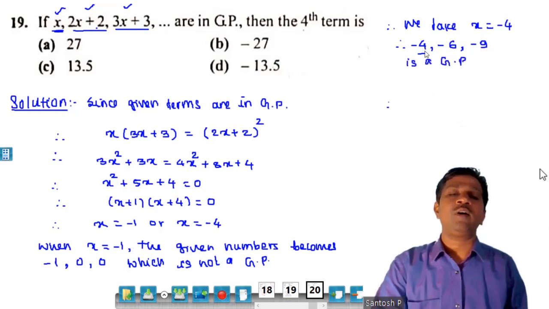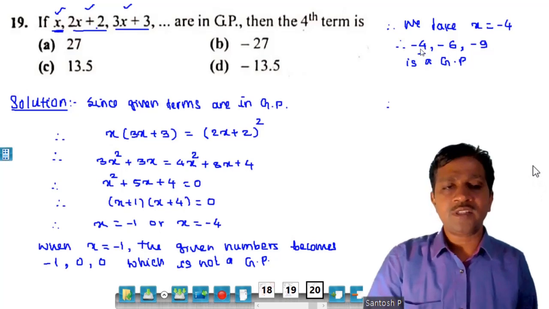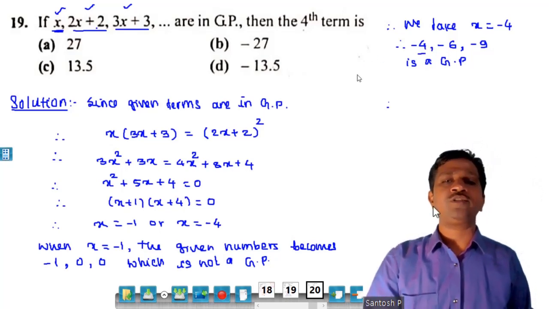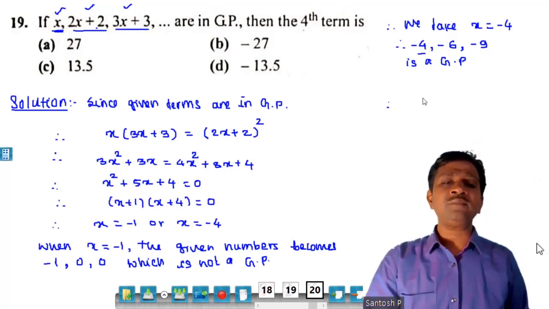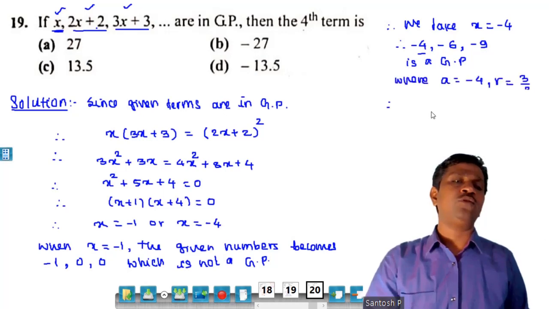Minus 6 upon minus 4, that is 6 by 4, which is 3 by 2, and also minus 9 upon minus 6 is 3 by 2. So it is a GP in which the first term is minus 4 and the common ratio is 3 by 2. And we need to find the fourth term.